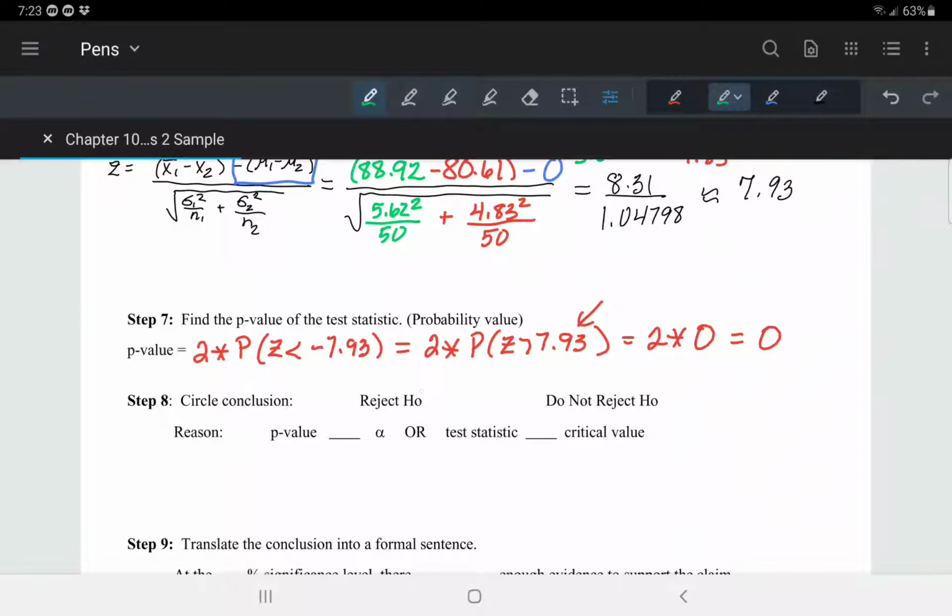And the conclusion is we are going to reject H sub 0. You can do that based upon the p-value, that 0 is less than alpha, 0.01, or that our test statistic, 7.93, is greater than our critical value of 2.58. That is, it is inside the rejection region.